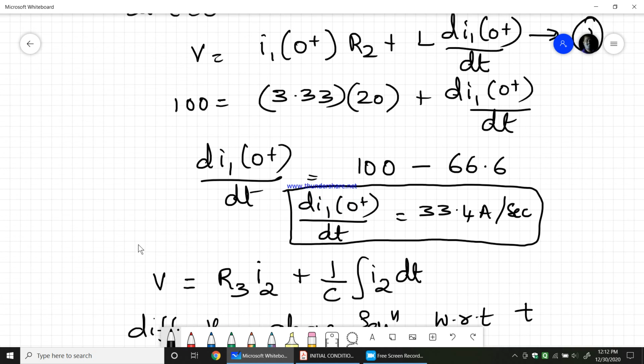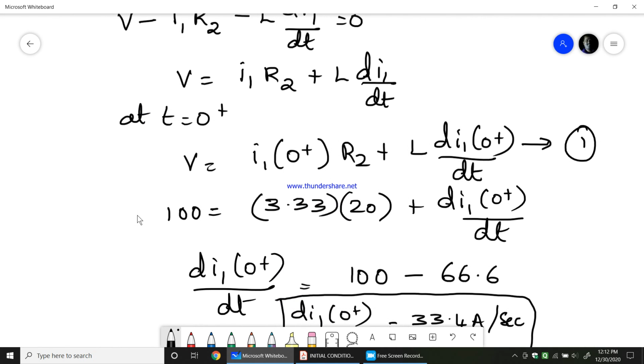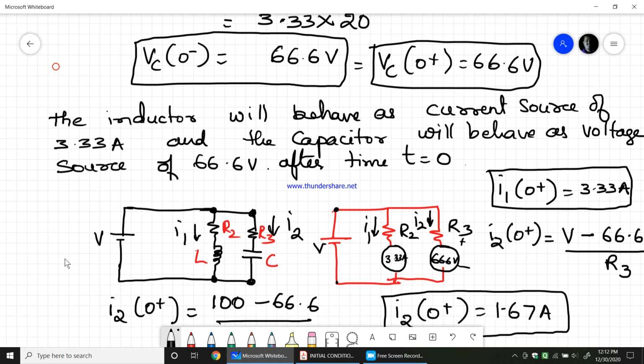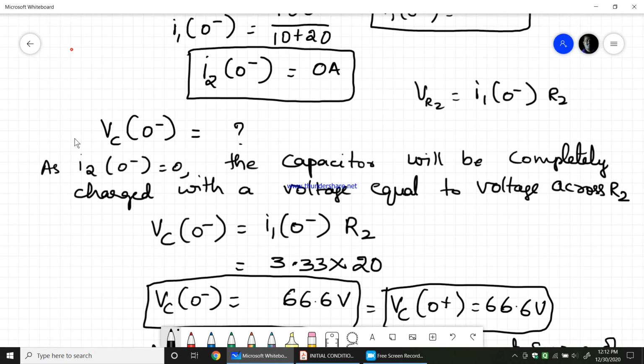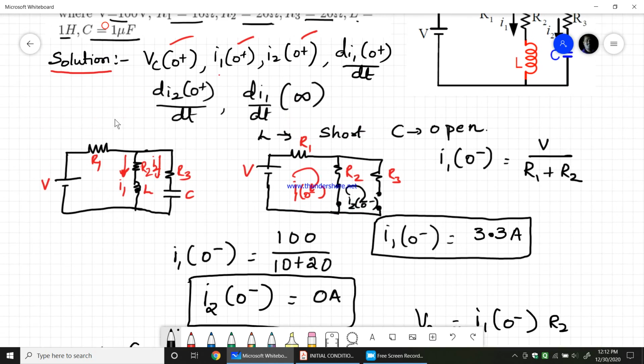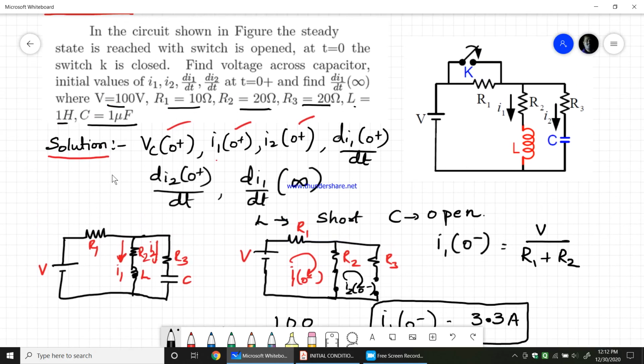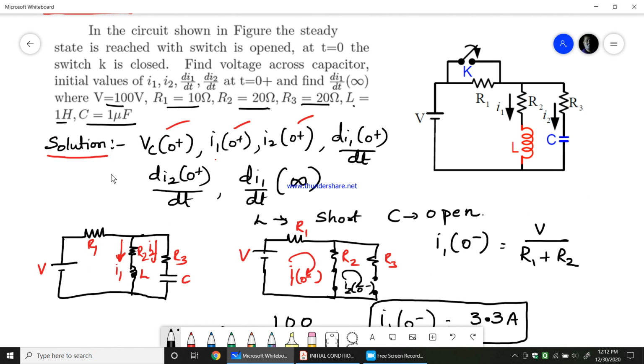Similarly, if you differentiate the first equation which we have written again, you will get the second derivative of I1. Anyway, in the question they have asked to find only the first derivative. We have found dI1 of 0 plus by dt and dI2 of 0 plus by dt. The only thing we need to find is dI1 by dt at infinity.